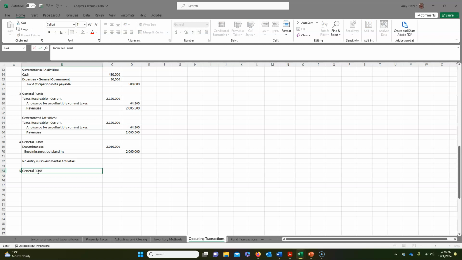And the transactions under both general fund and governmental activities are the same for this. So we received cash in the amount of $2,670,840.